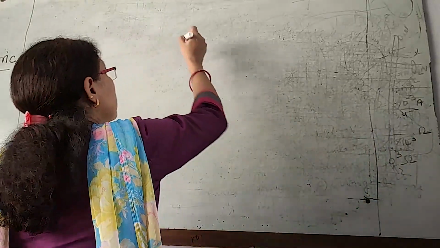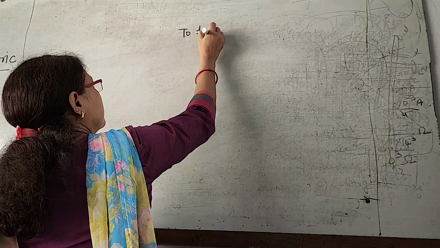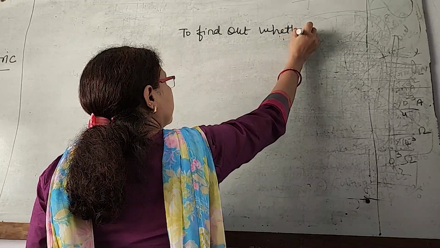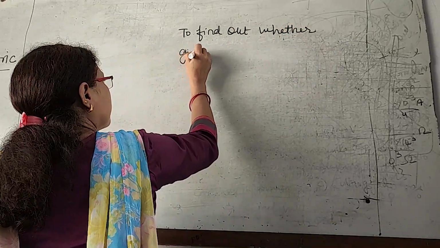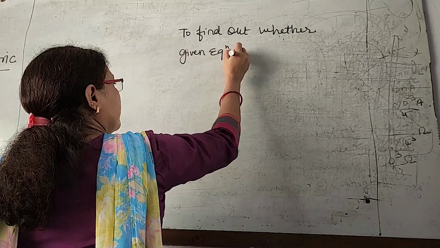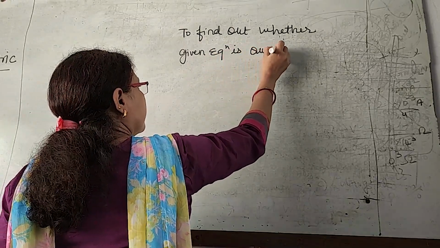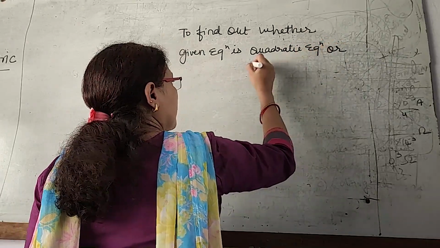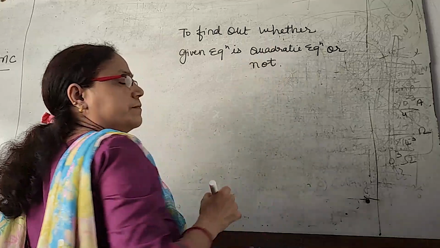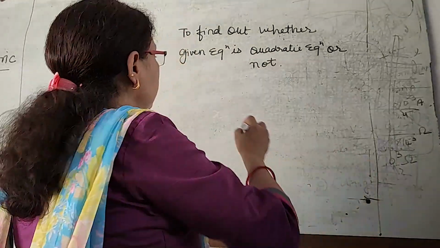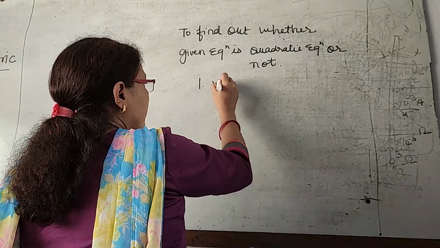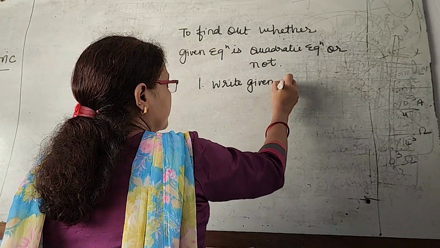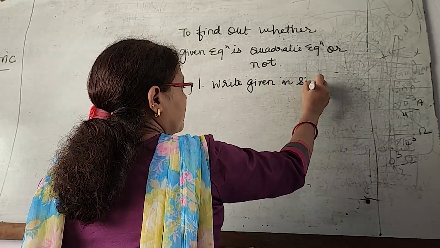So the very first is to find out whether the given equation is quadratic equation or not. For this, the first step is to write the given equation in simpler form.